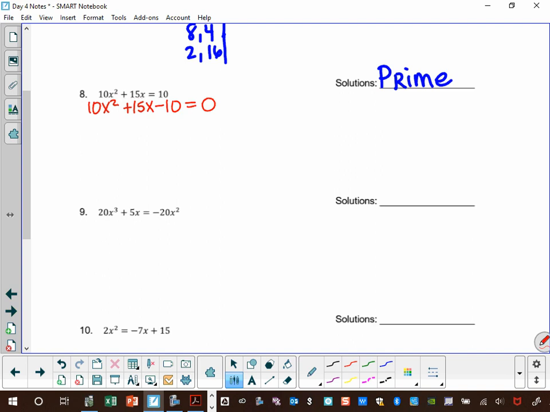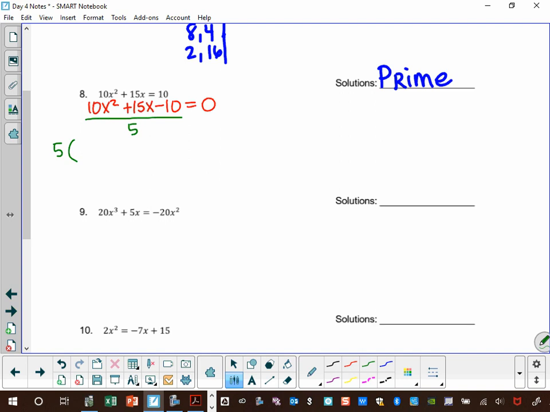All right, so before I factor it, do I have a GCF? Yeah. What is it? What goes into 10 and 15? 5. All right, that's important. So I'm going to factor out my GCF and I'm going to rewrite.